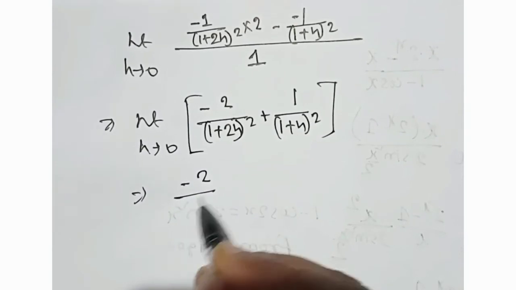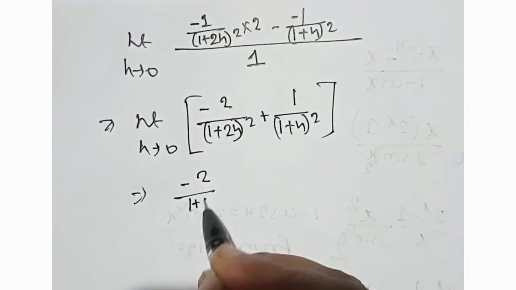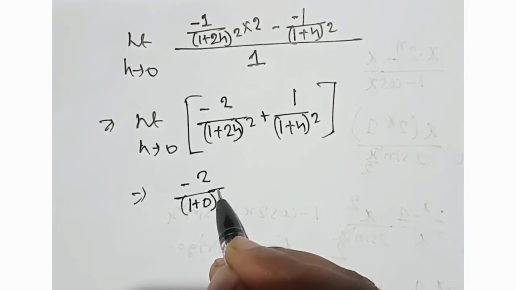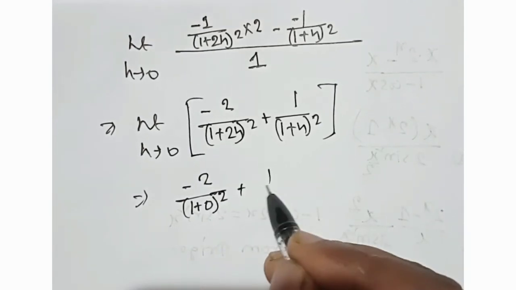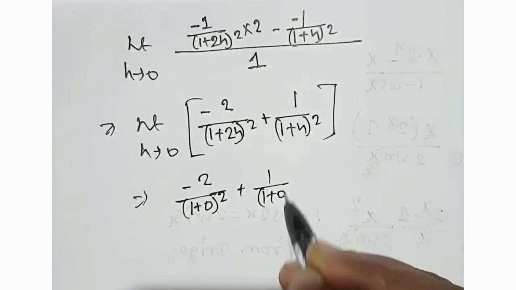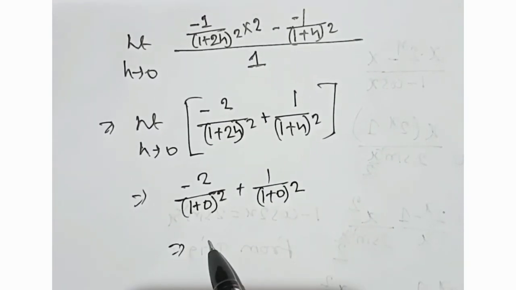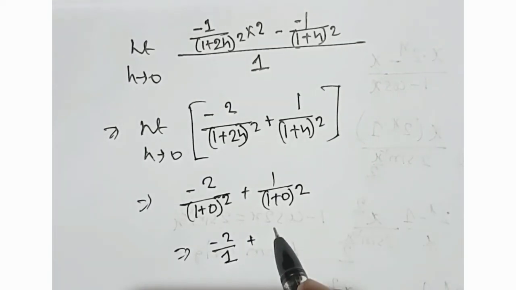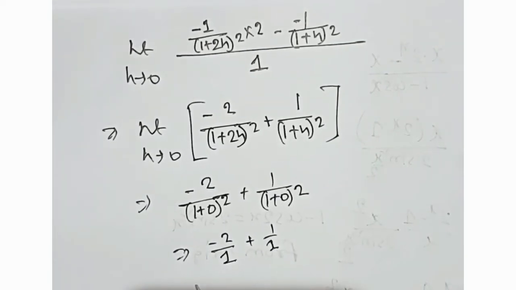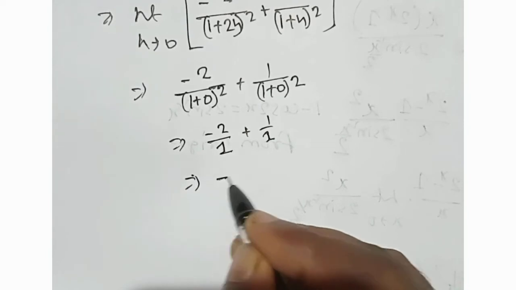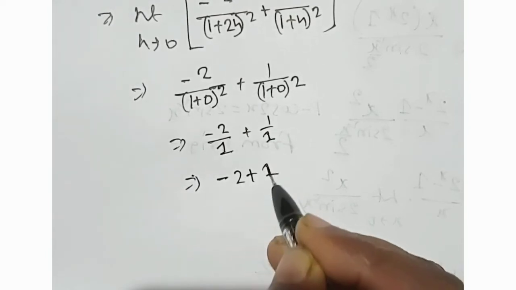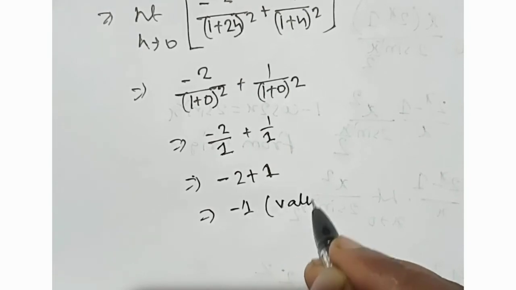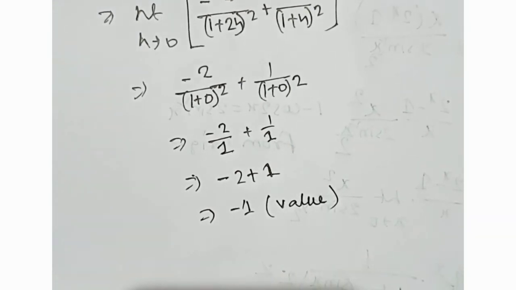So we will get minus 2 by (1 plus 2 into 0) whole square plus 1 by (1 plus 0) whole square, right? This is minus 2 by 1, and this is also 1 by 1. So we'll get minus 2 plus 1, that is minus 1. So this is our limit value, right guys?